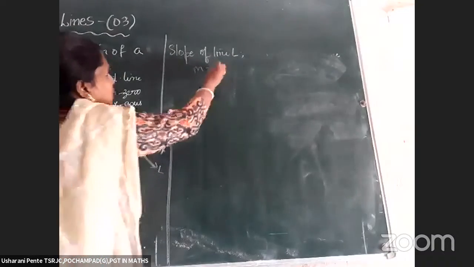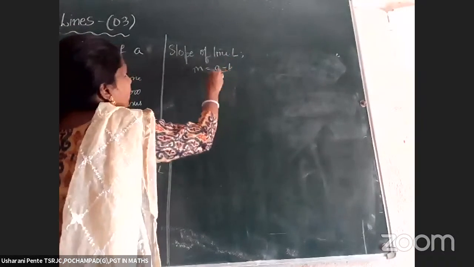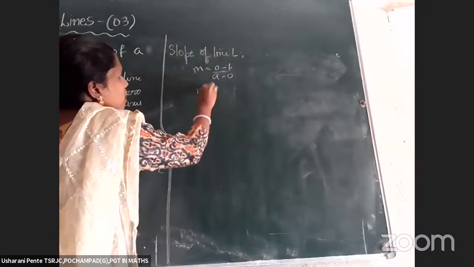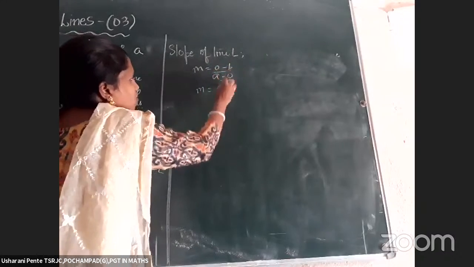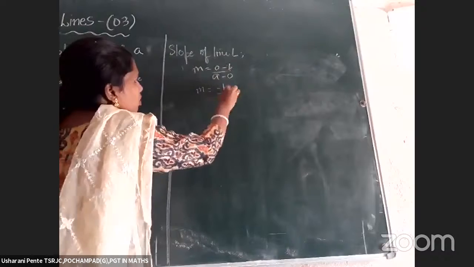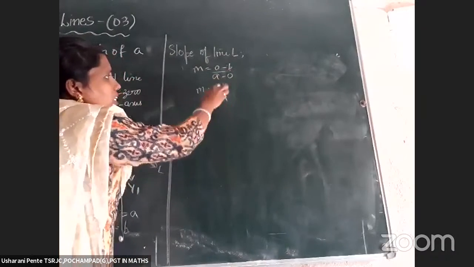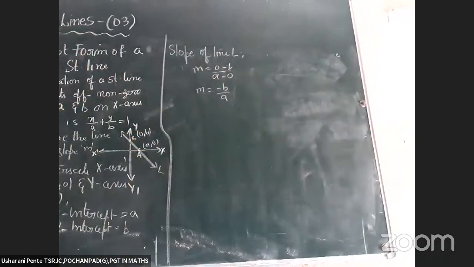So I am considering 0 minus b by a minus 0. 0 minus b will be minus b, a minus 0 will be a. So m is equal to minus b by a. And what is the y-intercept? I have b.